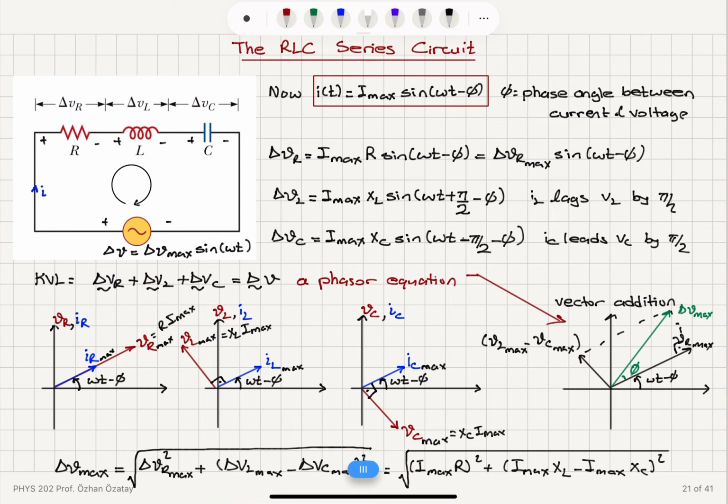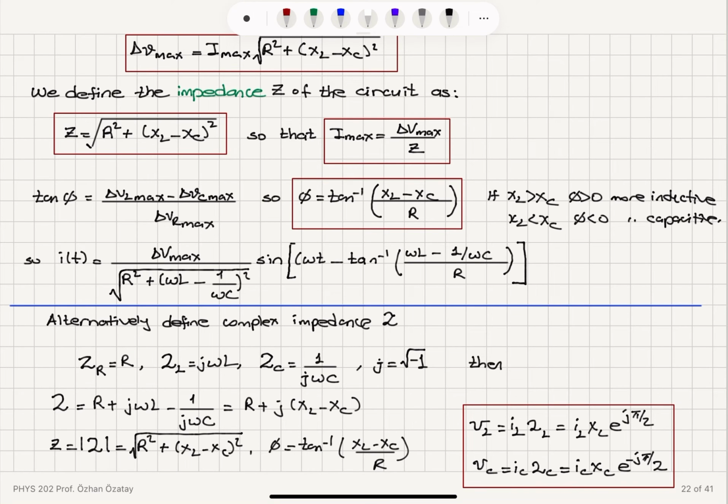So you can see that by performing this vector addition, I can see the magnitude of the voltage phasor as square root delta VR max square plus delta VL max minus delta VC max parenthesis square, which is I max R parenthesis squared plus I max XL minus I max XC parenthesis square, which tells me that the impedance of the circuit is square root of R square plus XL minus XC square.